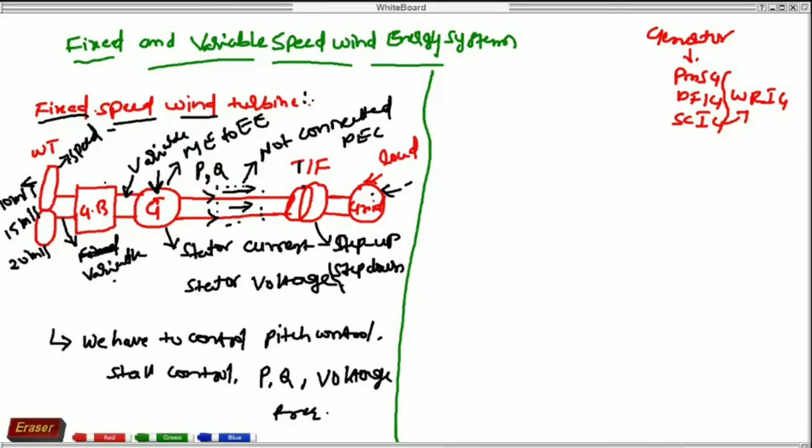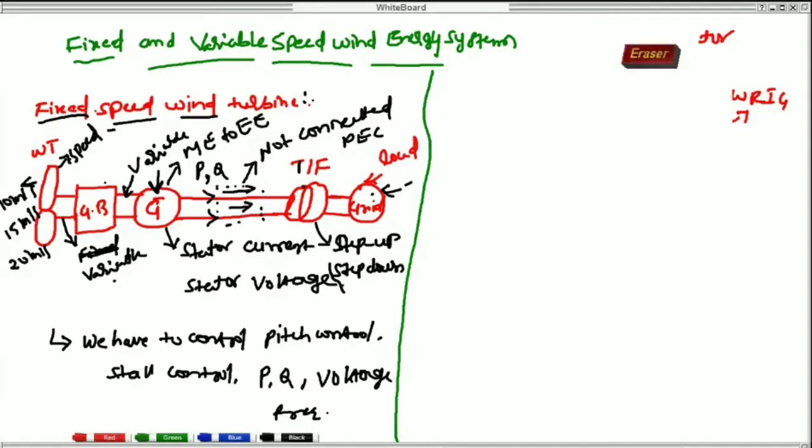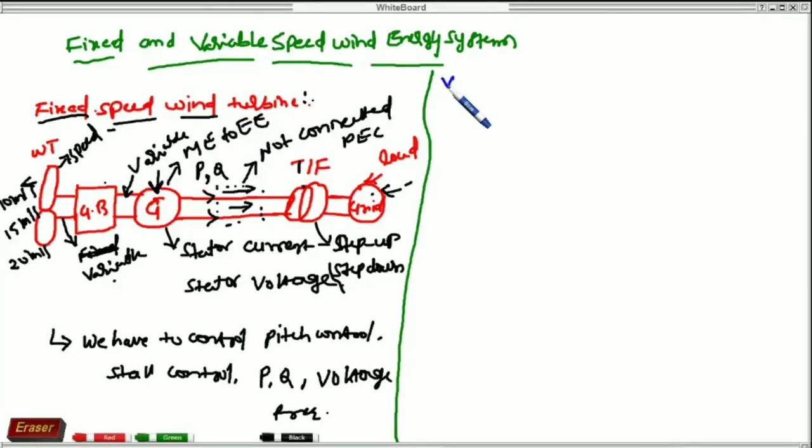Now we go for the variable speed wind turbine.